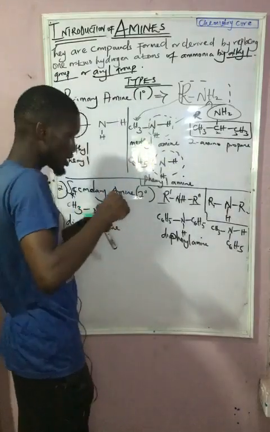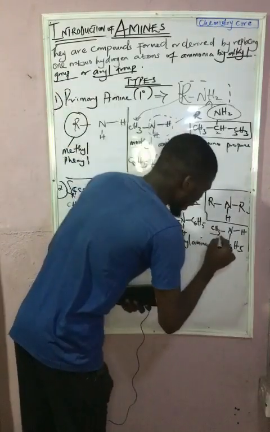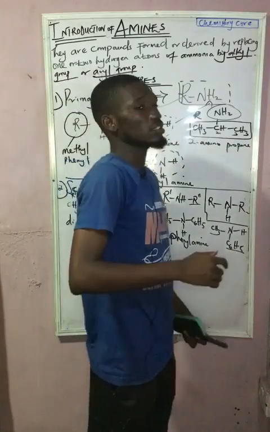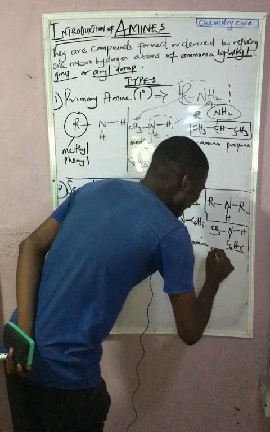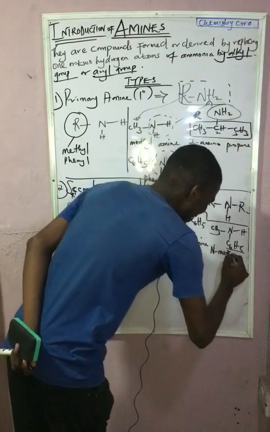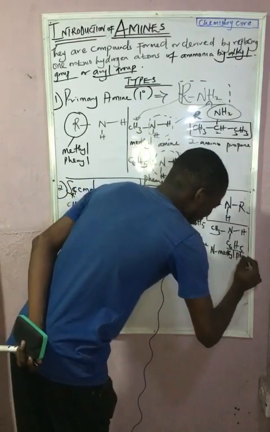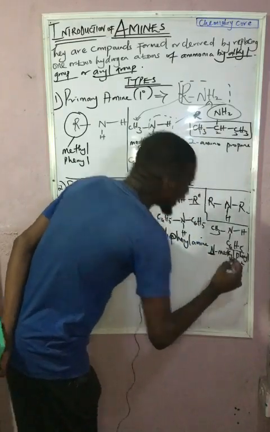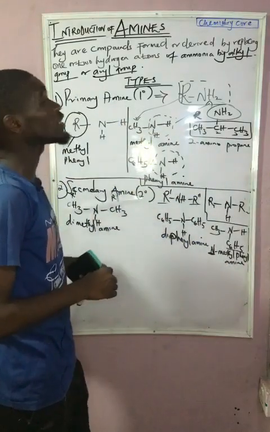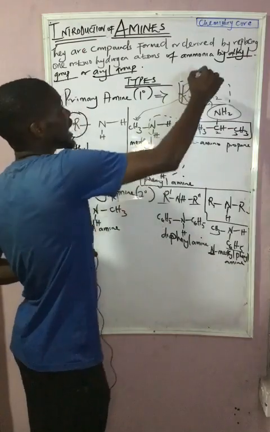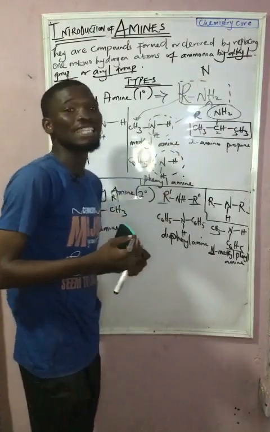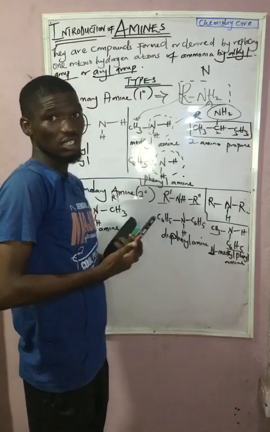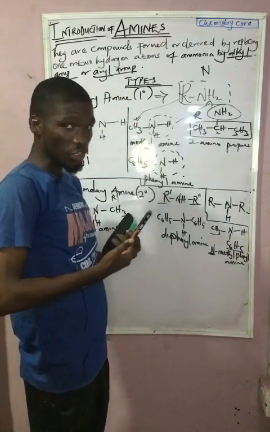Why for this one now? Take note of this. You have methyl here, and we have phenyl. So this is how we name it: N-methylphenylamine. What does this N stand for? It is not standing as a nitrogen being surrounded with alkyl groups.